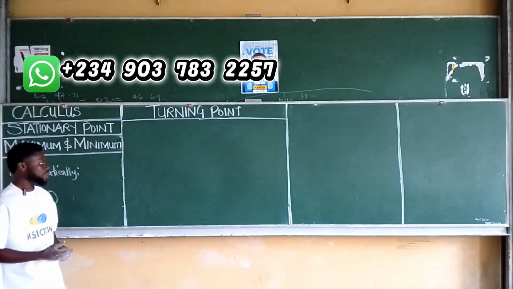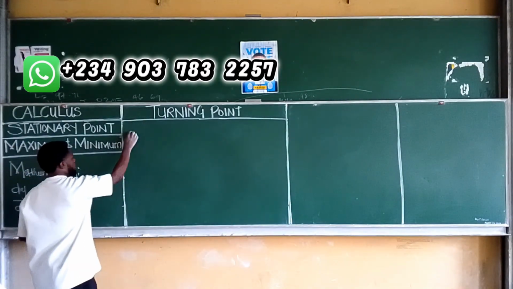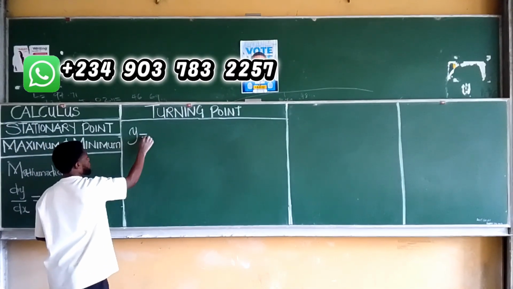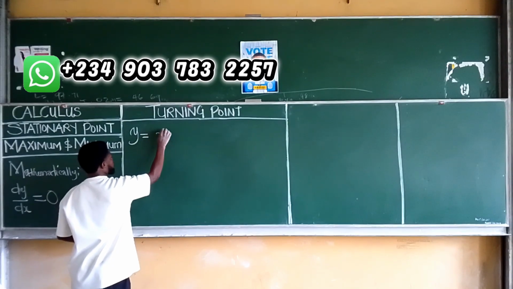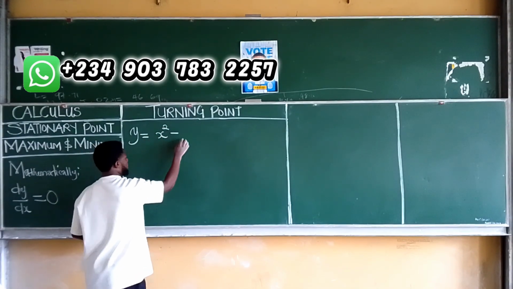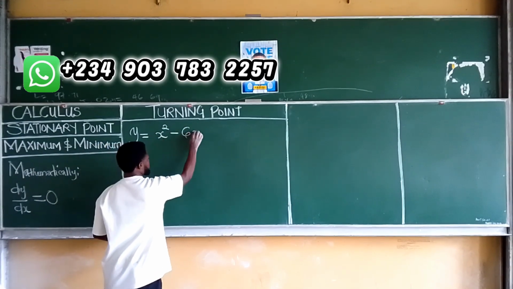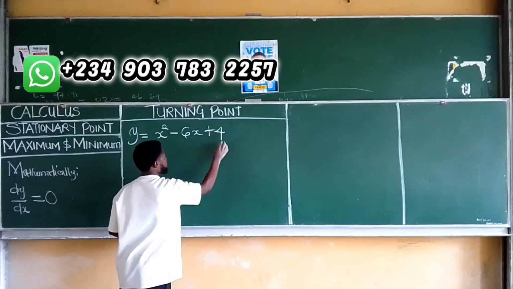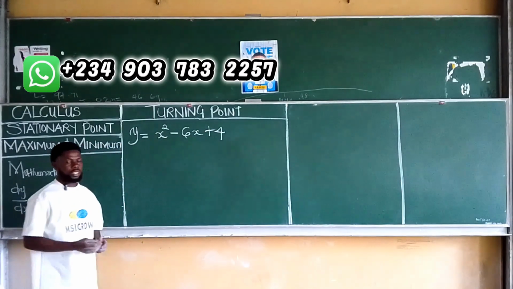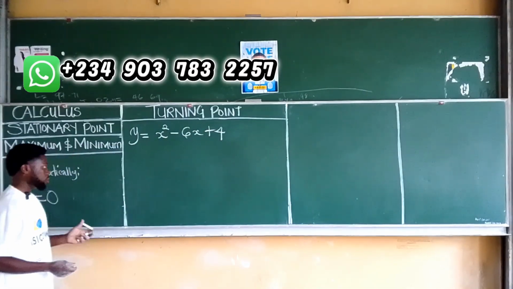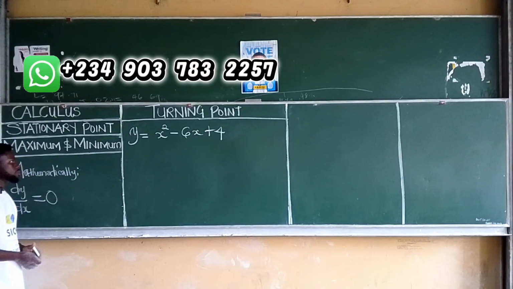Now let us consider a function where y is equal to x raised to the power of 2 minus 6x plus 4. Okay, in this function on the board, y is equal to x raised to the power of 2 minus 6x plus 4.